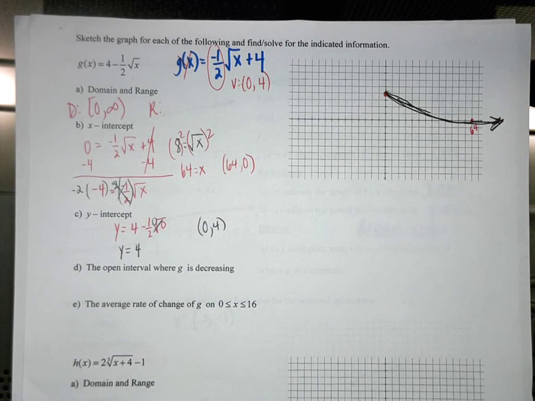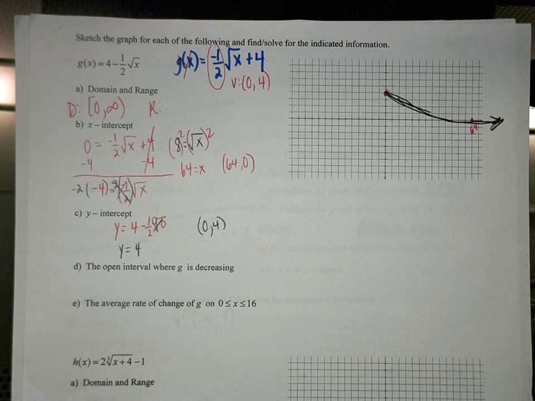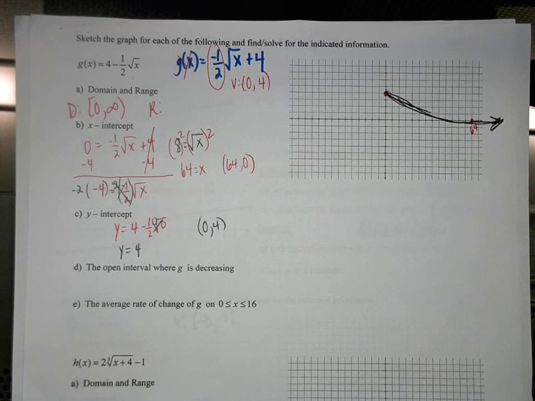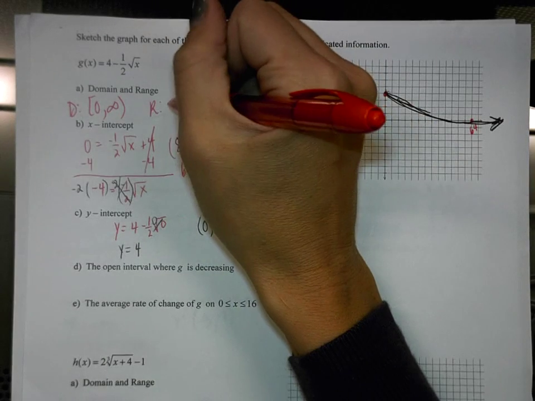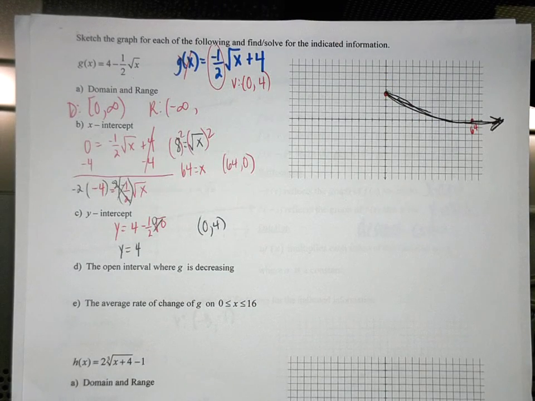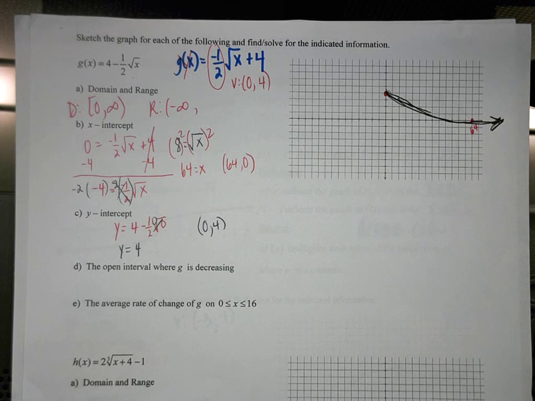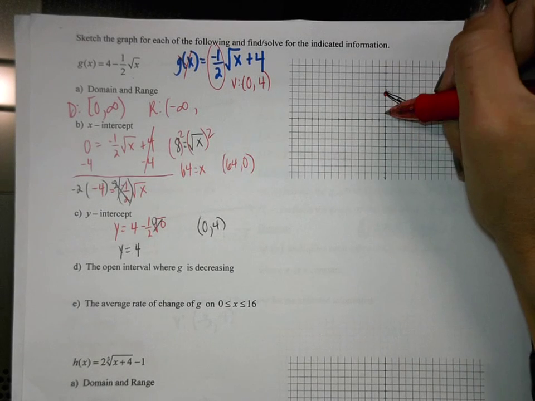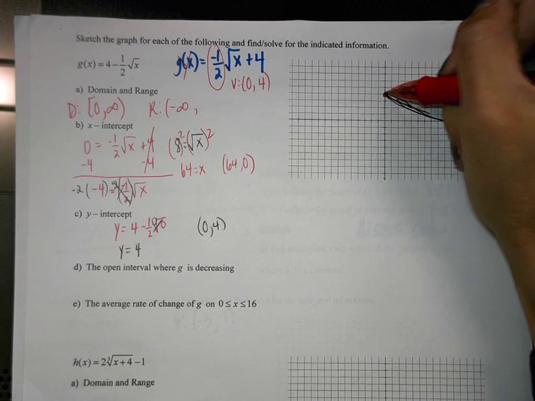What would be my smallest range value? Negative infinity, because it's going to keep going down, right? And so my smallest range value is negative infinity, and then my largest range value is going to go up to what? 4. Because remember, the range is the y, so the largest y value is up there at 4.